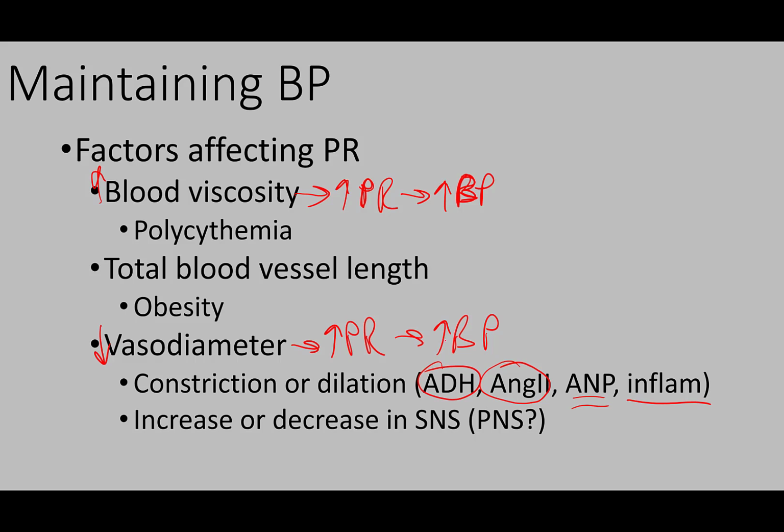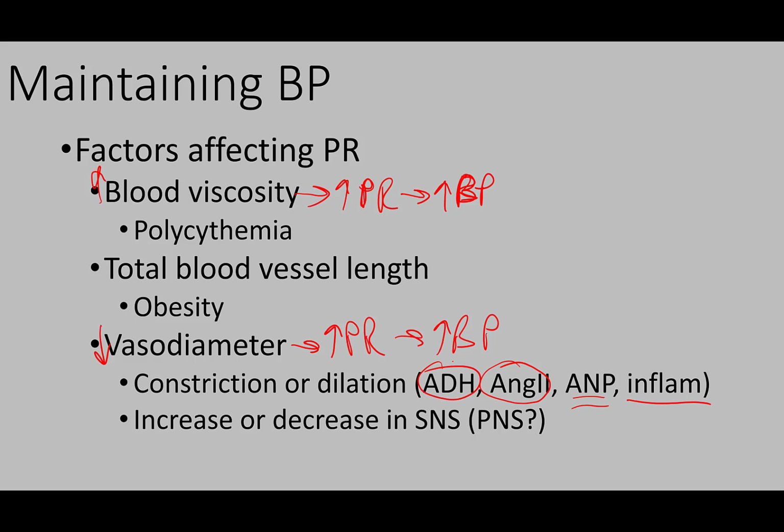In some cases, a flood of histamine or heparin can cause a dramatic vasodilation, and that's what can cause someone to pass out sometimes if they have a severe allergic reaction. If you have extreme vasodilation and peripheral resistance drops and blood pressure drops enough, now you can't get blood to your brain as well, and that causes people to pass out sometimes.